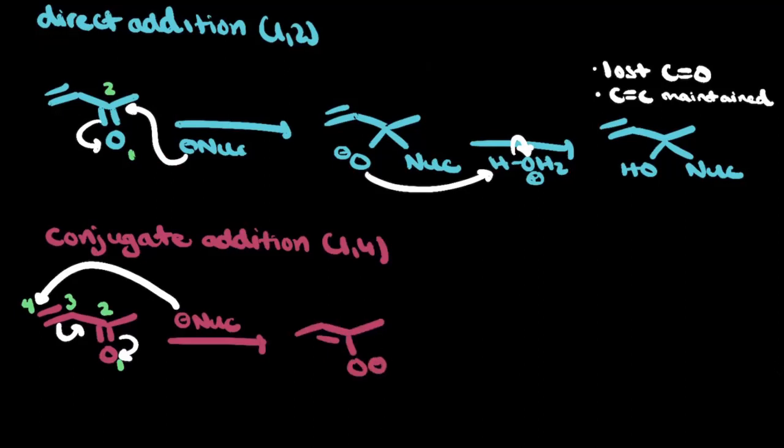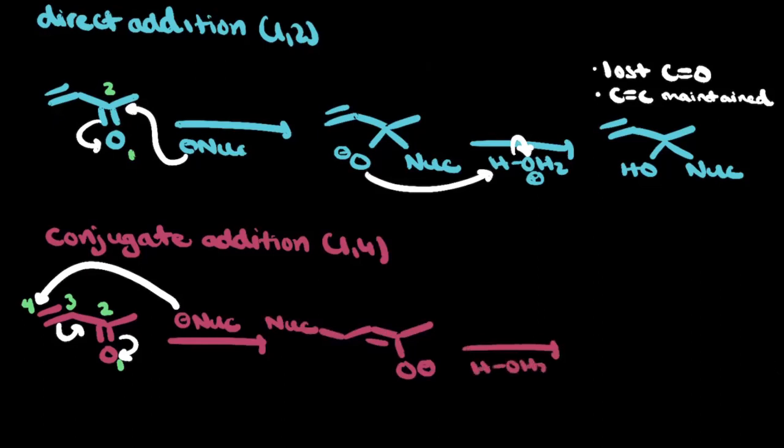I end up with this intermediate with the nucleophile added. All right, and then again, second step acid quench, because these reactions are technically in basic conditions. We want to reform our carbonyl. Our proton adds to our 3 position. And we're going to end up with this final product.